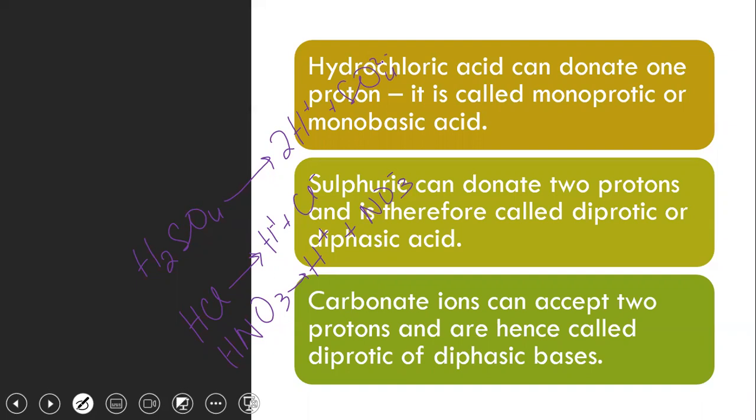Carbonate ions can accept 2 protons. Hence, we call them diprotic or dibasic bases. Those substances that can accept 2 protons, we call diprotic bases or dibasic bases.